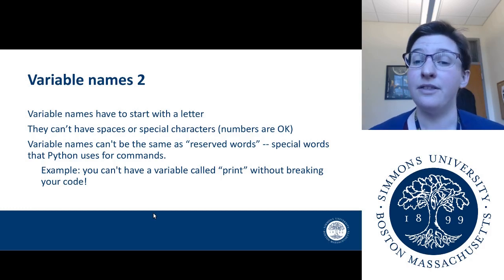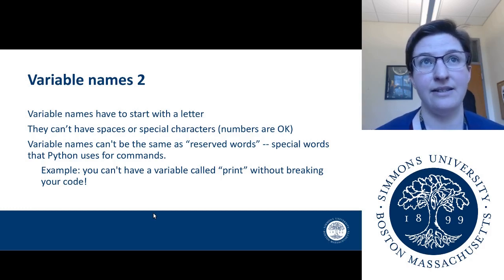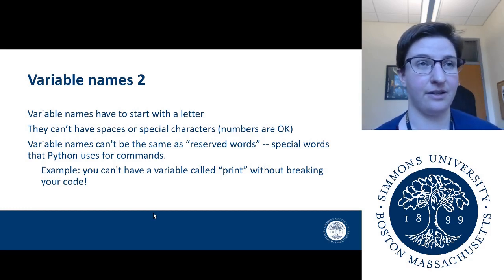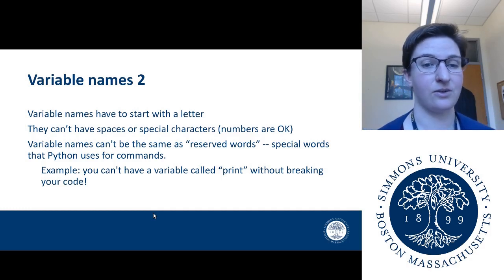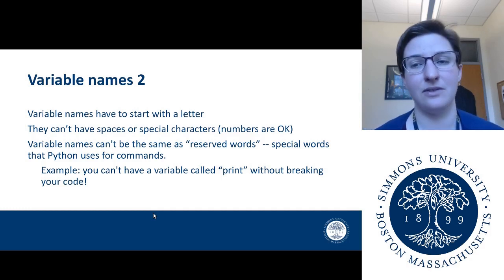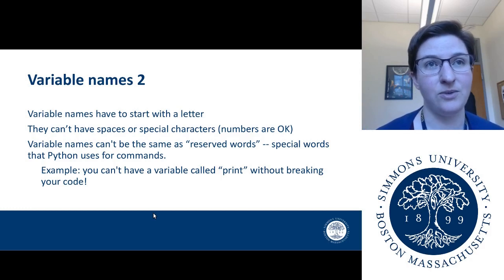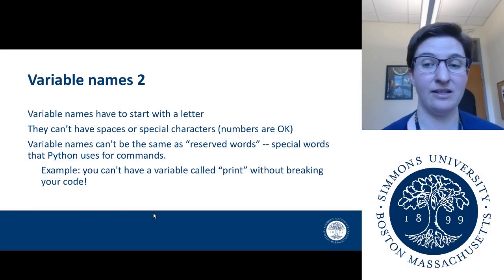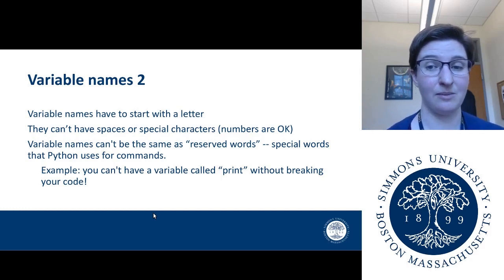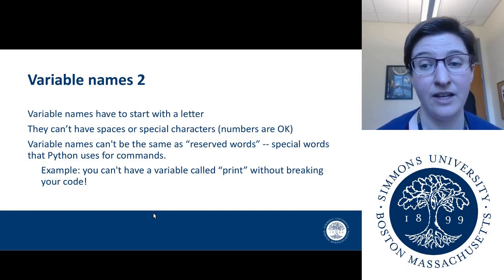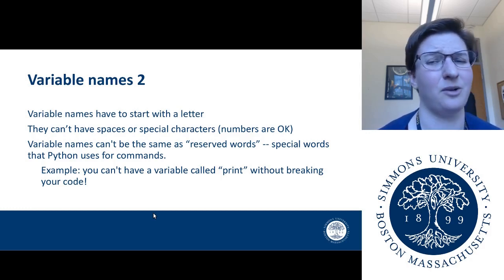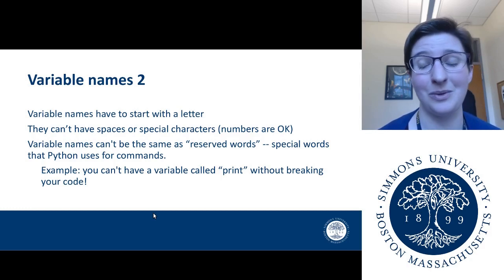One other thing that is really important: you can't name variables after things that already exist in Python. Those are called reserved words. The only one you've seen so far is print, but you don't want to have a variable named print, because then when you go to actually try and print something, Python's not going to know what to do, and you're going to get weird error messages. So don't do that.